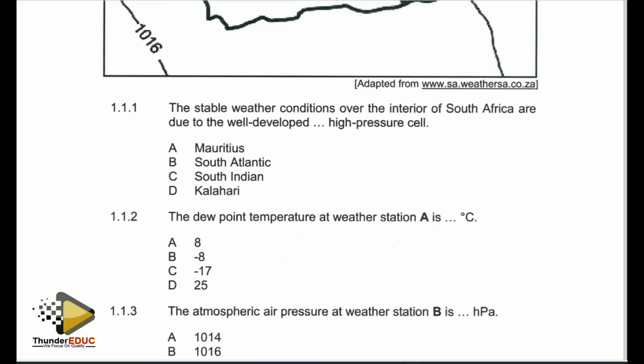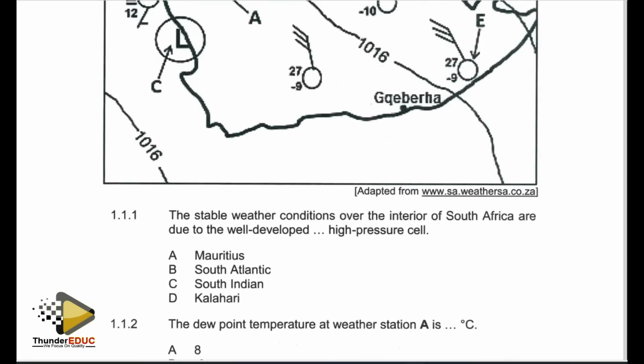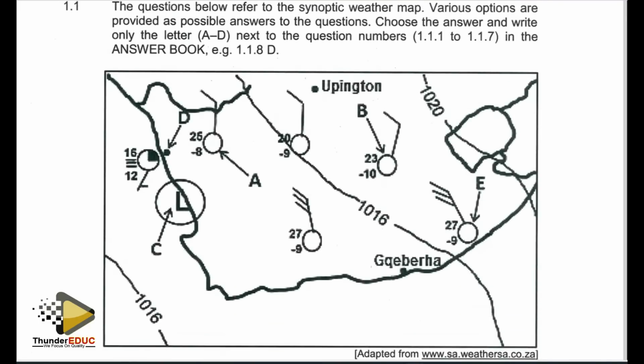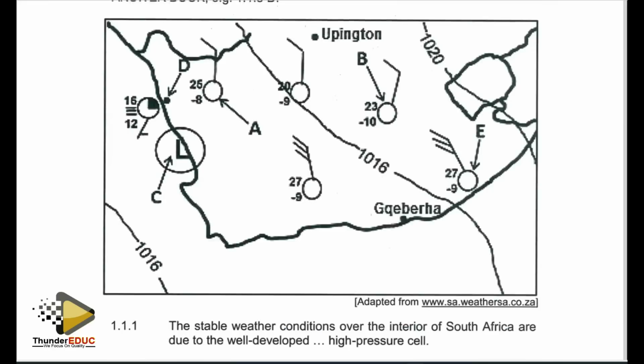Right, for us to realize stable weather conditions over the interior of South Africa, we understand that stable weather conditions are realized when we have the dominance of sinking air. When we have sinking air, that is where we have fine weather, stable weather, which is an anti-cyclonic system.